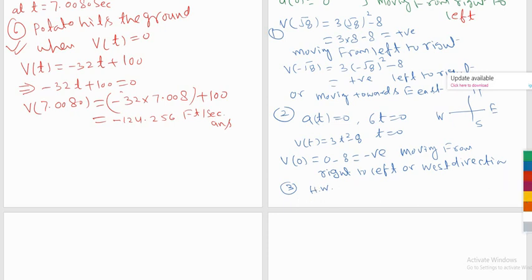Please try to complete this part, question number 3, by yourself. That is your homework: speeding up or slowing down. I explained already when it is speeding up and when it is slowing down, so try by yourself. Hopefully you understand this. This is about the lecture.